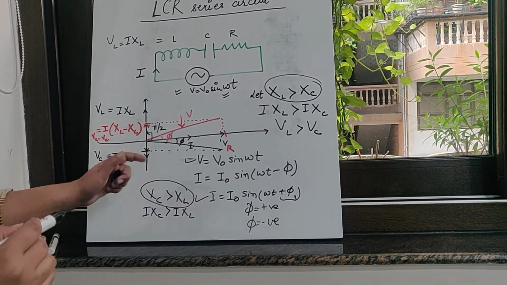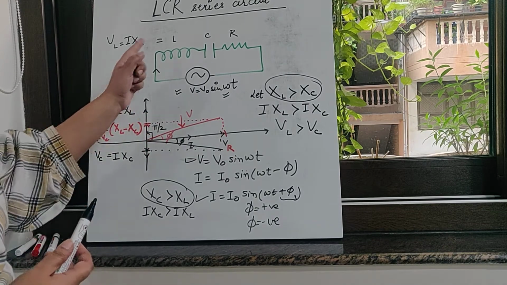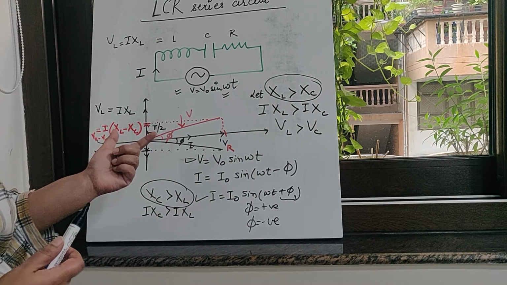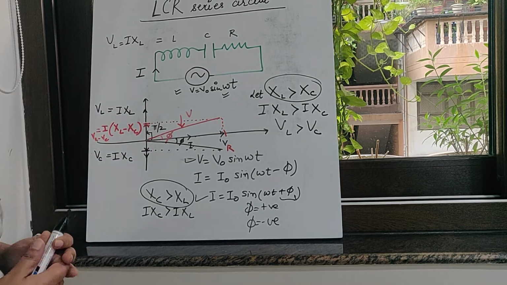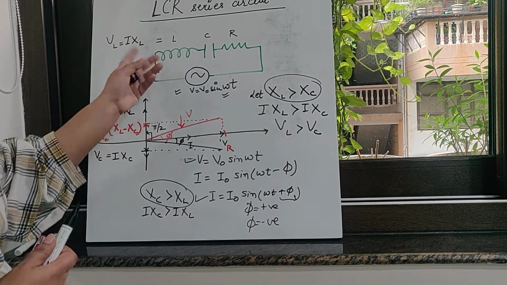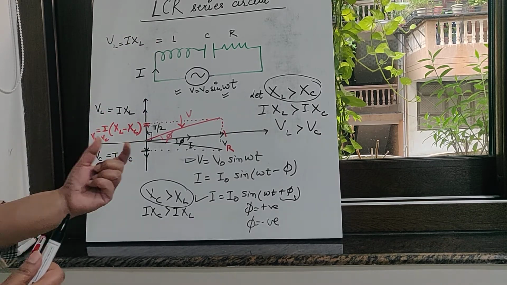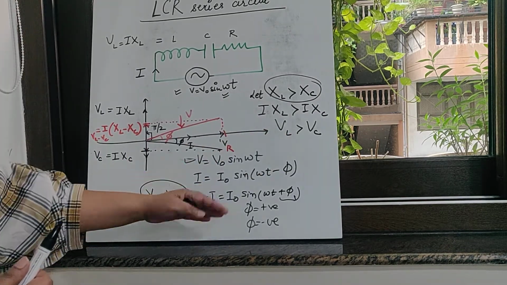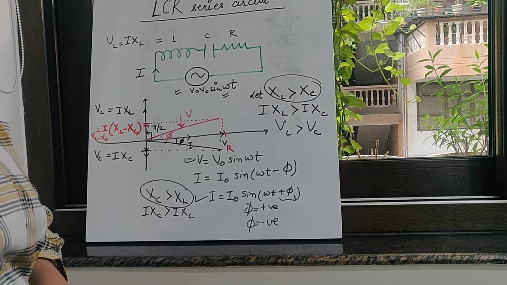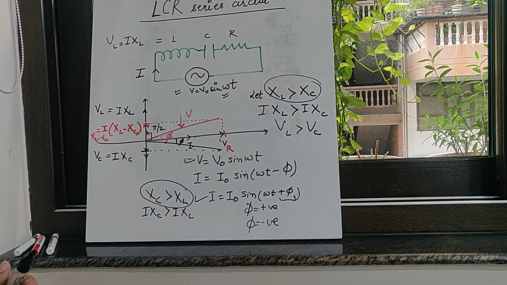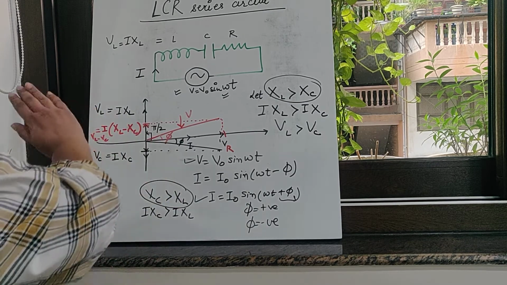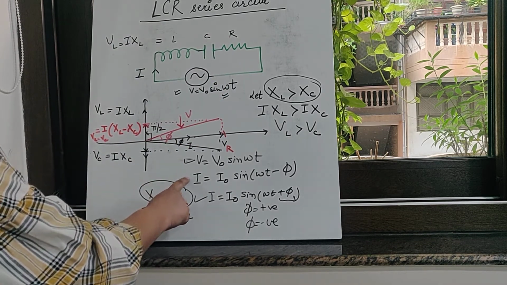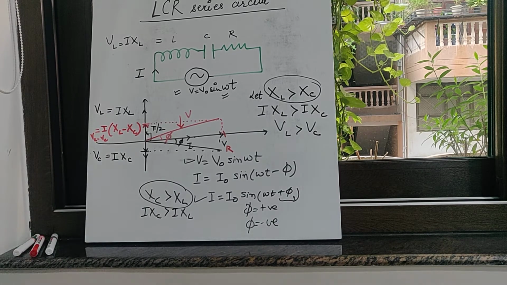This is how we interpret the phasor diagram for an LCR series circuit: the voltage can lead or lag behind the current depending upon which component, inductor or capacitor, is greater, so that we know whether VL is greater than VC or VC is greater than VL, and depending upon that we can decide the sign of phi. So now I'm just erasing the board, and we have two expressions with us, one for V and one for I.